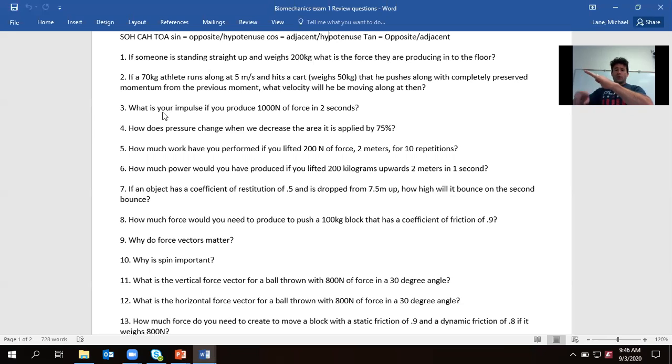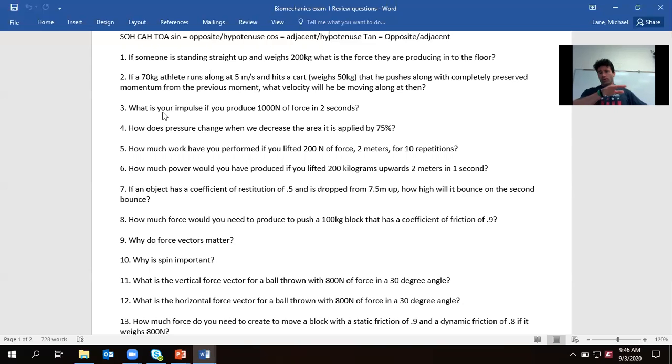So we're going to need to utilize sine. So the sine of 30 degrees equals our vertical force vector divided by the hypotenuse, which is 800 newtons. So we multiply both sides by 800 newtons. So now we're going to have 800 newtons times the sine of 30 degrees equals our vertical force vector.